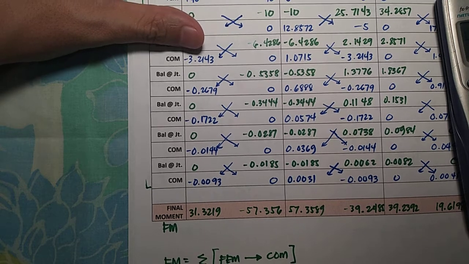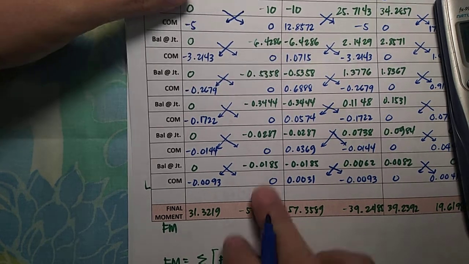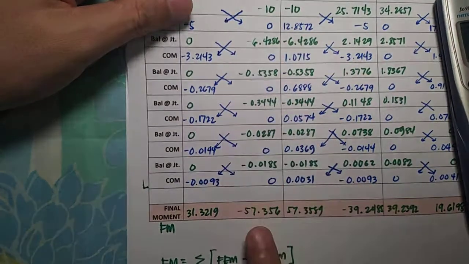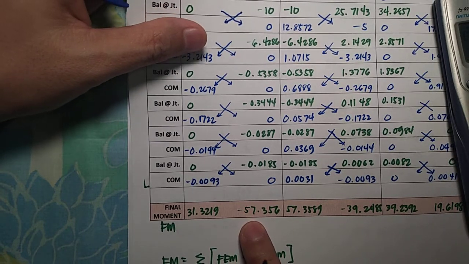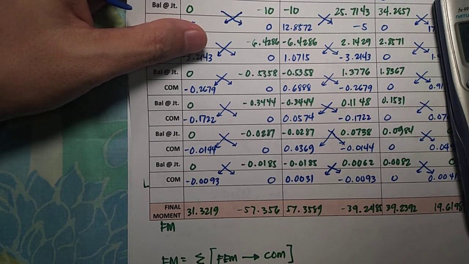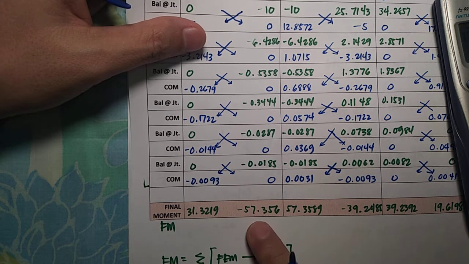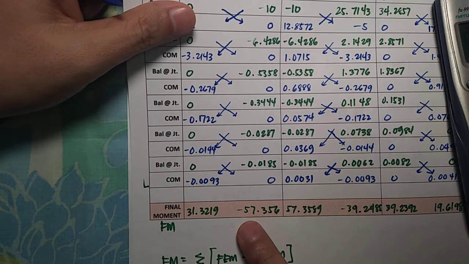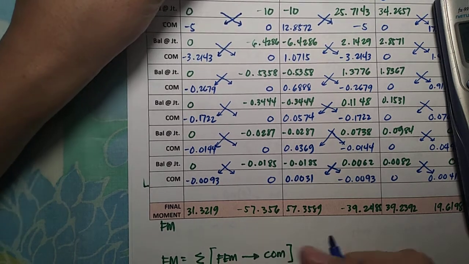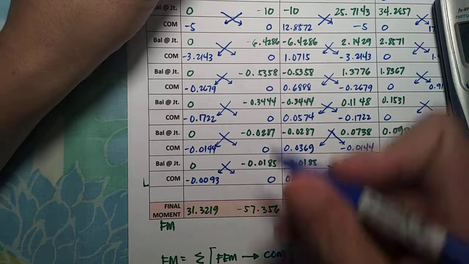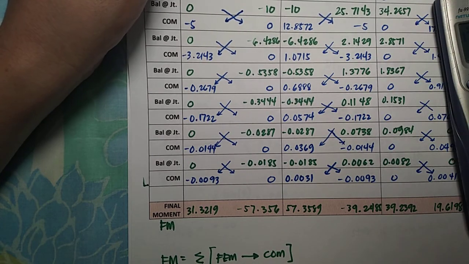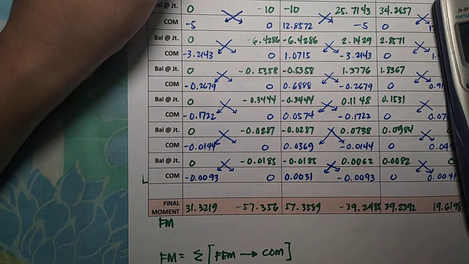How about the moment at B? Looking at this side, the moment at B is negative 57.356 kilonewton meter, which is clockwise.